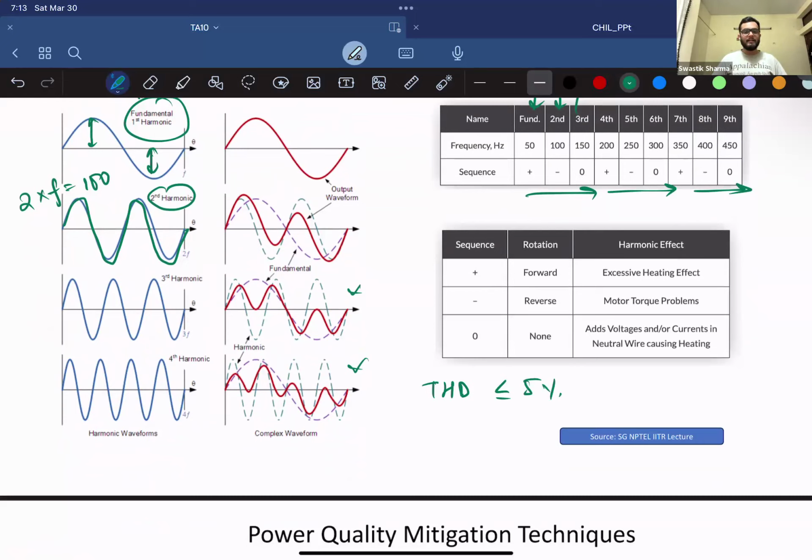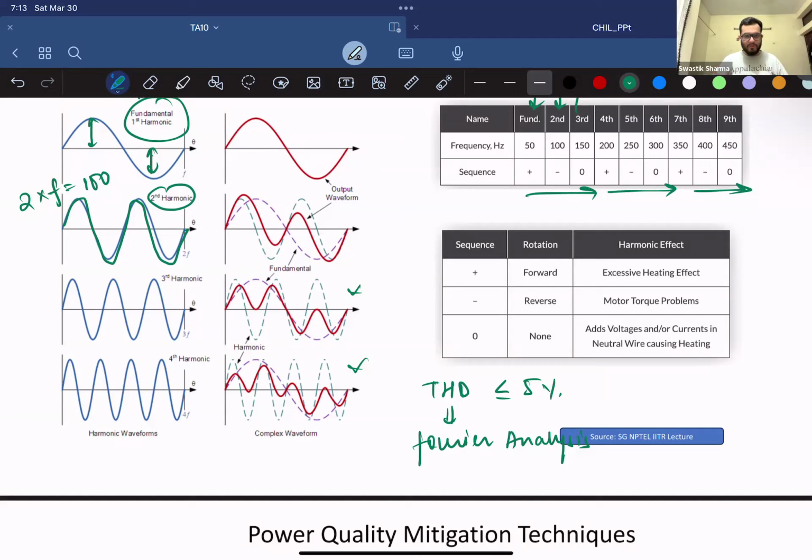That means the AC waveform should not have frequency components higher than 5% of the normal frequency component. This THD is usually calculated using Fourier analysis. I'm sure you must have done this in your MATLAB simulations, where you do it through the Power GUI toolbox, where you do the Fourier analysis and then you calculate the THD.